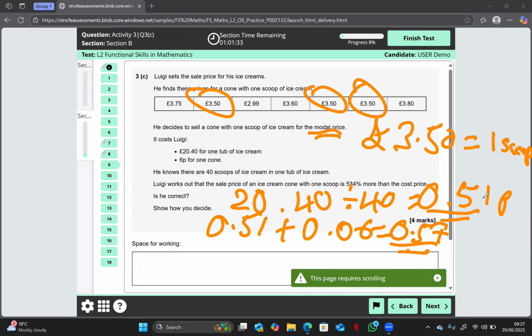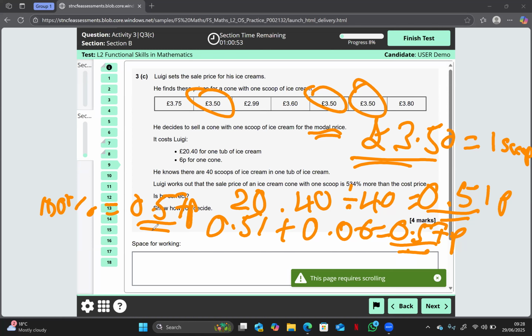Now he sells it for £3.50, as we've said here. Now we need to work out the percentage difference between 57 pence and £3.50. To do that, let's say 100% of his price equals 57p.